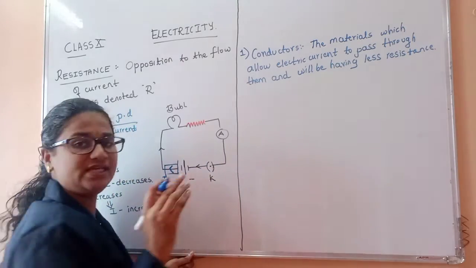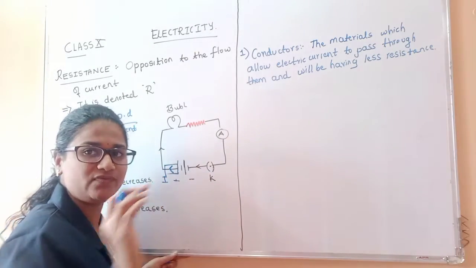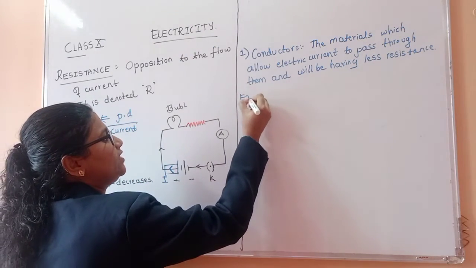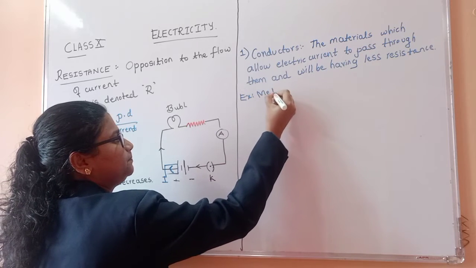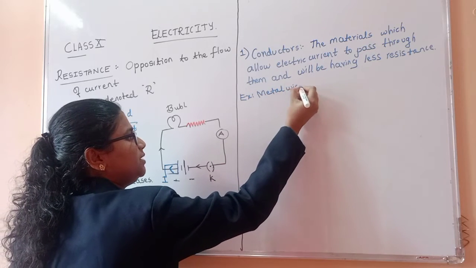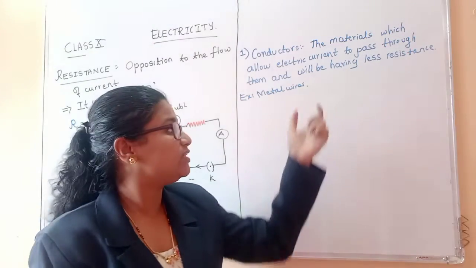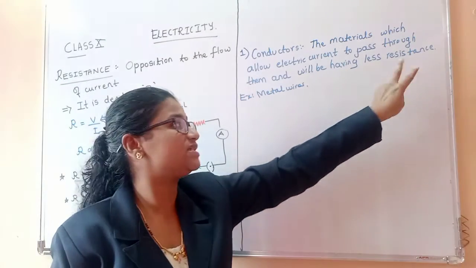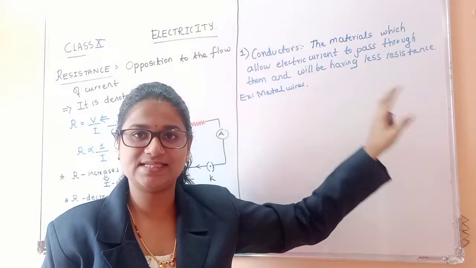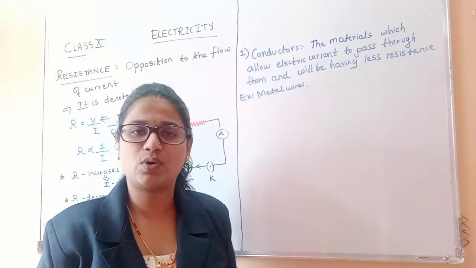Okay, so this is the definition of a conductor. We can give metal wires as an example. Metal wires are good conductors, that is, conductors of electricity. So in terms of resistance, those which have low resistance are called conductors.